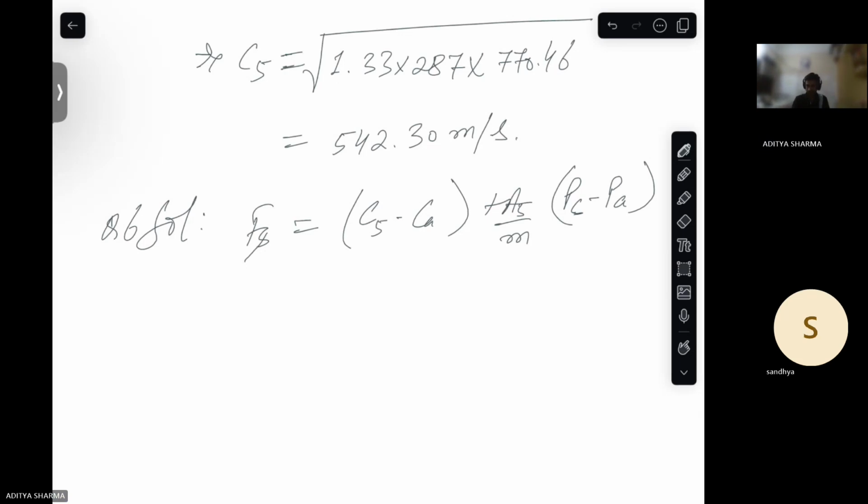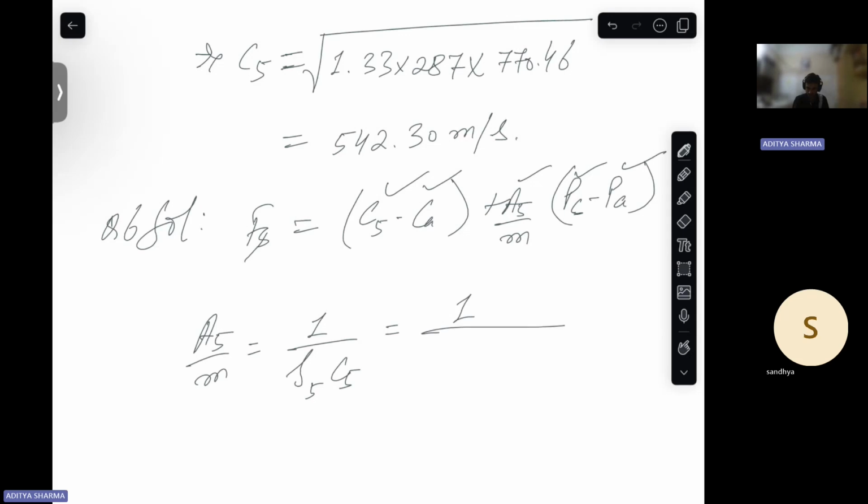So here first we have this, we have this, right? We have this, but we don't have this. So to calculate this, this will be this, and to find this out, just place the values.